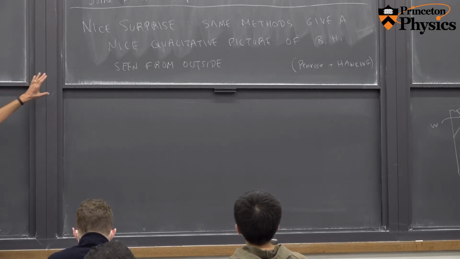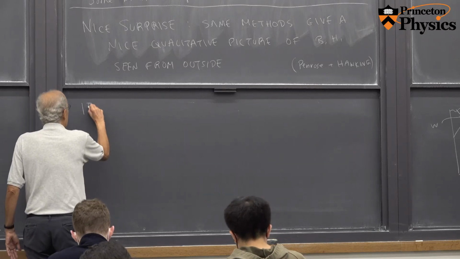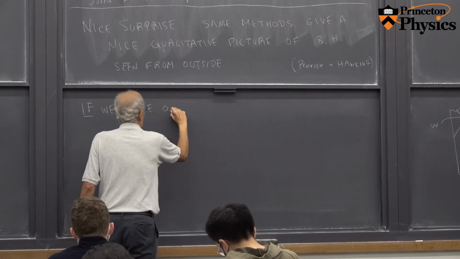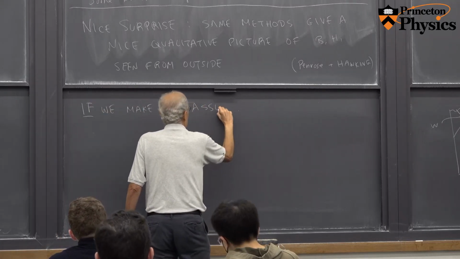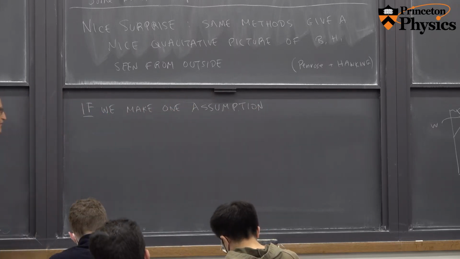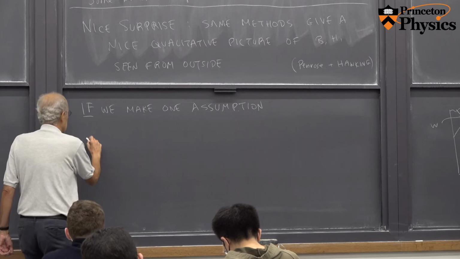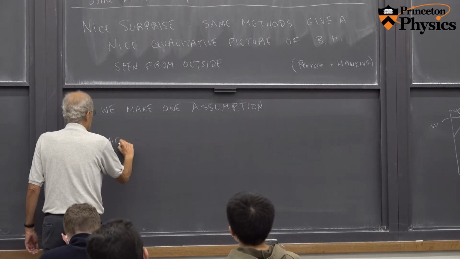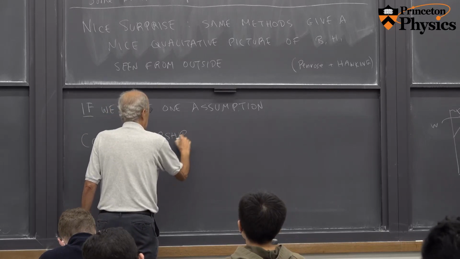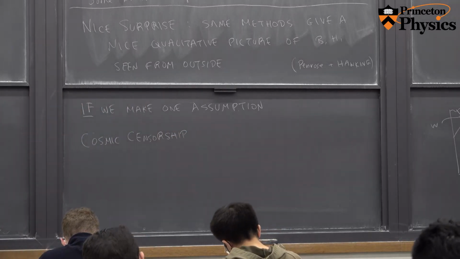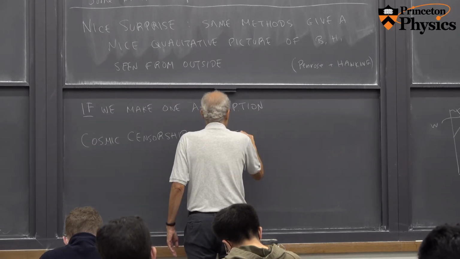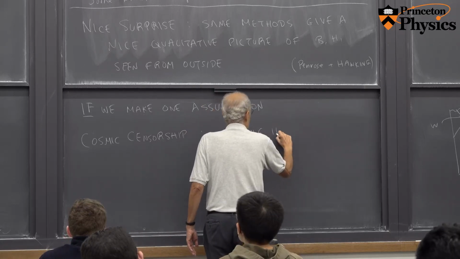What I've said here is slightly oversimplified. This is true if we make one assumption. This is a very important qualitative assumption that was introduced by Penrose, who called it cosmic censorship. The idea of cosmic censorship is that you have to assume that nothing happens that's worse than a black hole.